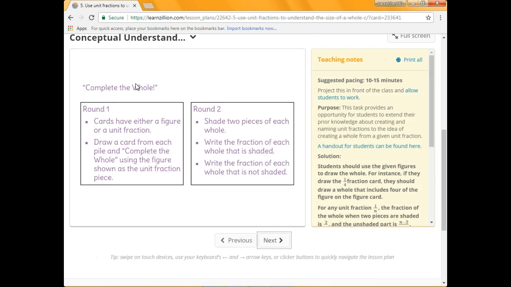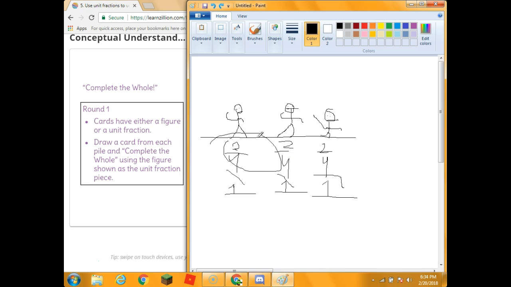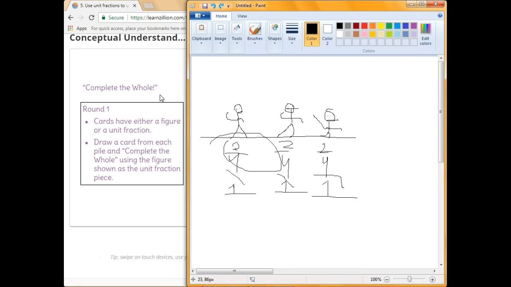So complete the whole. Round 1. Cards have either a figure or a unit fraction. Draw a card from each pile and complete the whole using a figure shown as the unit fraction piece. Okay, so let's see that.